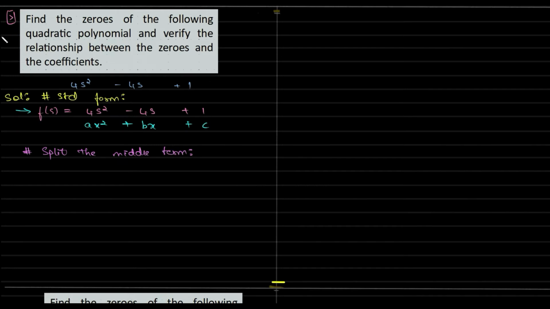The basic idea behind splitting the middle term is that it needs to satisfy two conditions. The condition being, when I multiply, it should be equal to the product of a and c, that is 4 into 1 in this case. When added, it should give me the middle term, that is minus 4.